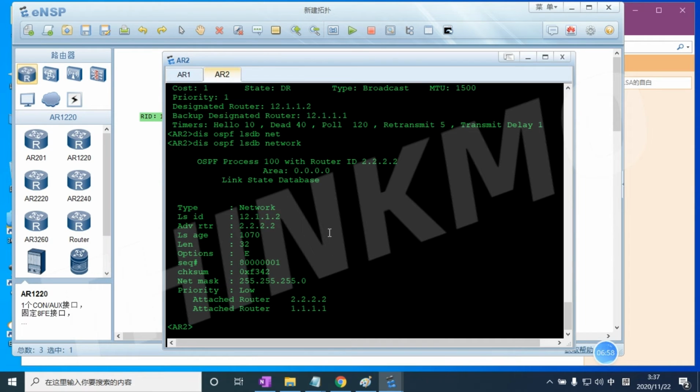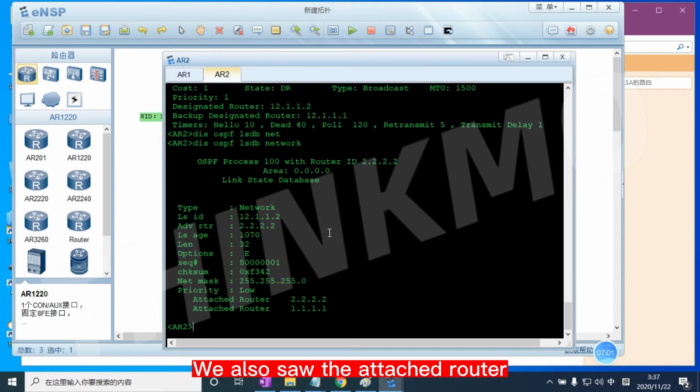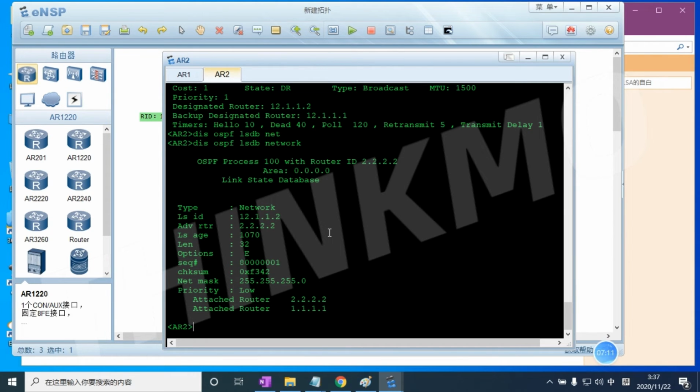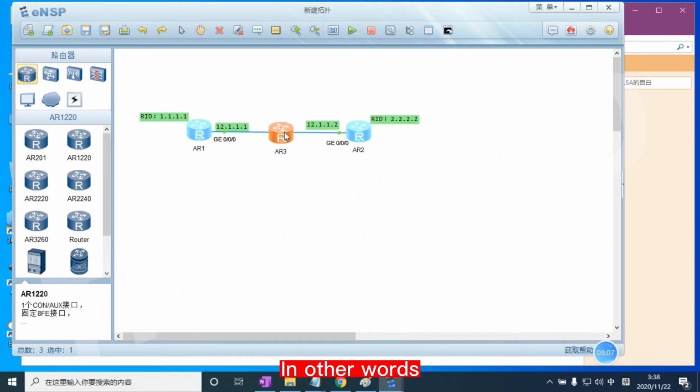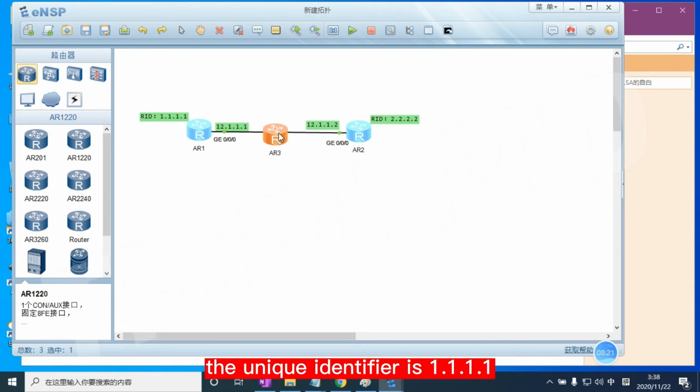Among other things, we also see the attached router, which refers to which routers are connected. We actually saw that one is connected to 2.2.2.2 and one is connected to 1.1.1.1. In other words, who is this pseudo-node connected to? AR1's RID, its unique identifier, is 1.1.1.1, and AR2's unique identifier is 2.2.2.2.